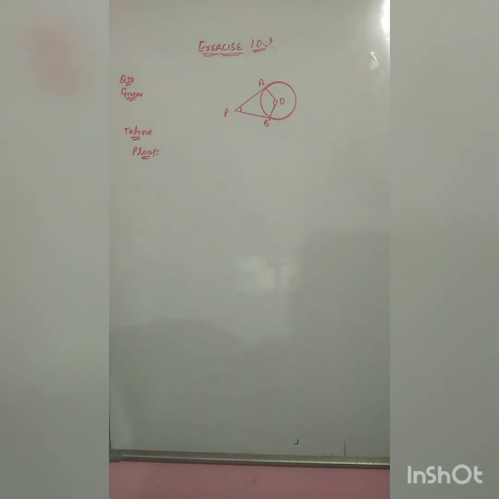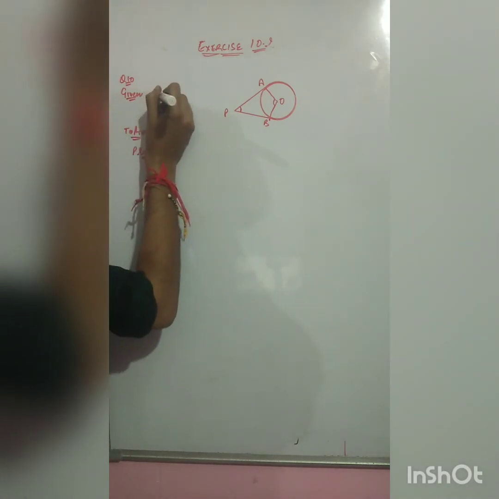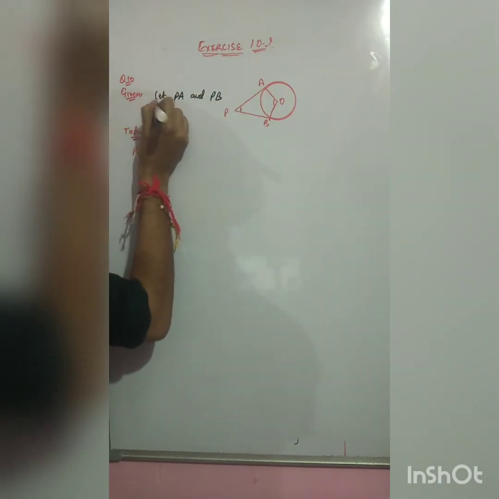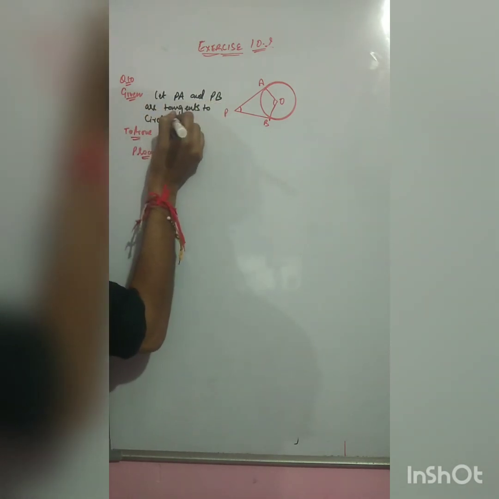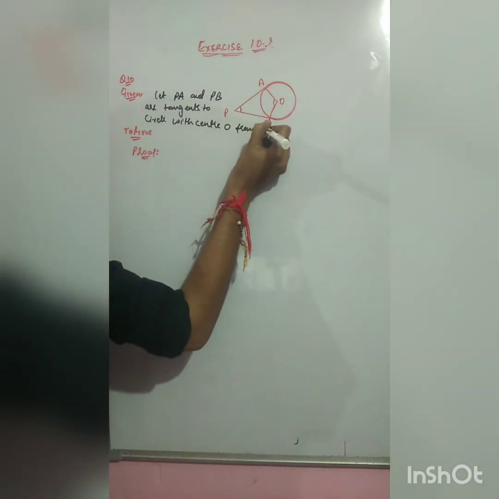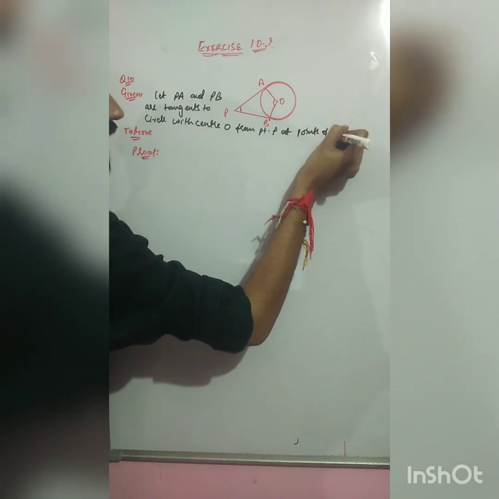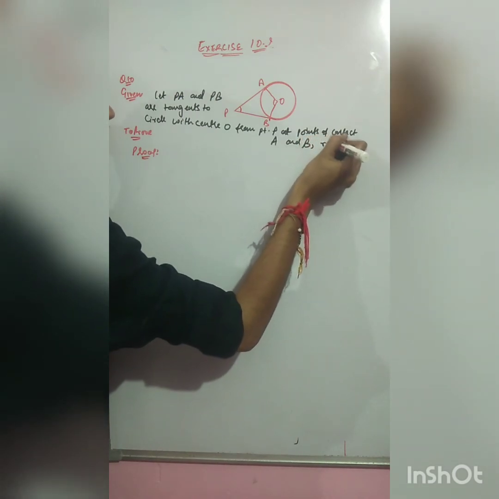What we are given: as we are not given any dimensions or any particular tangents here, let us suppose we are having two tangents PA and PB drawn to the circle from the point P. Let PA and PB be tangents to the circle with center O from point P at points of contact A and B respectively.